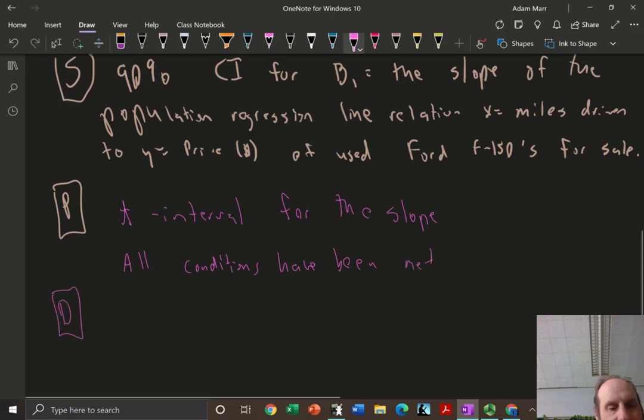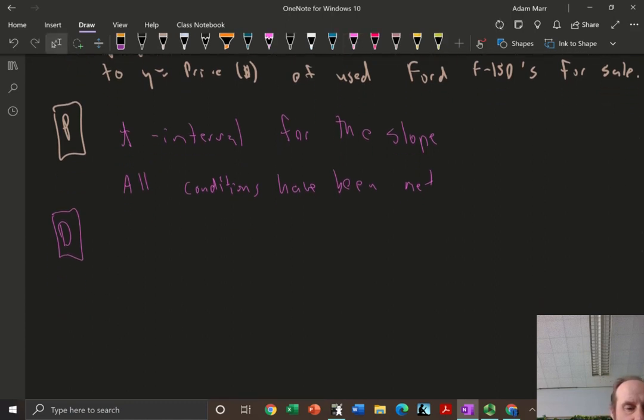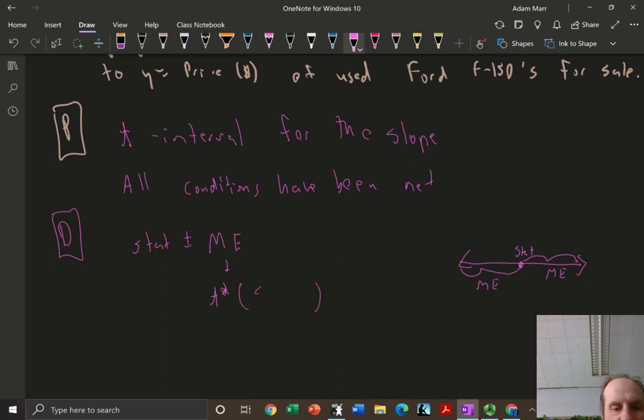Okay, so we're doing a confidence interval, right? And just remember, a confidence interval is the statistic plus or minus the margin of error. We have the actual statistic, with the margin of error to the right and the margin of error to the left. To get the margin of error specifically, it's the critical value, which in our case is going to be t star, times the standard error of the slope.